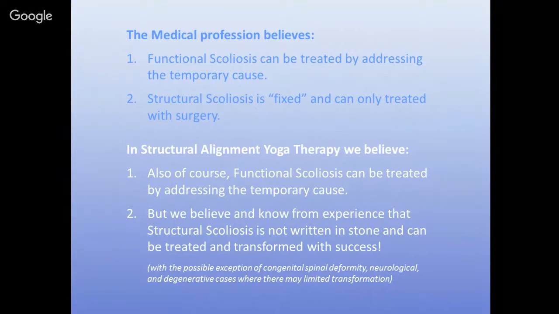In structural alignment yoga therapy, we believe also, of course, that functional scoliosis can be treated by addressing the temporary cause, but we believe and know from experience that structural scoliosis is not written in stone and can be treated with success, with the possible exception of the congenital spinal deformities, the neurological and degenerative cases where there may be limited transformation or a very small amount of success. So we're mainly addressing the idiopathic.